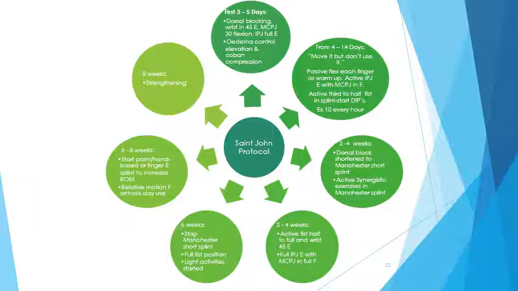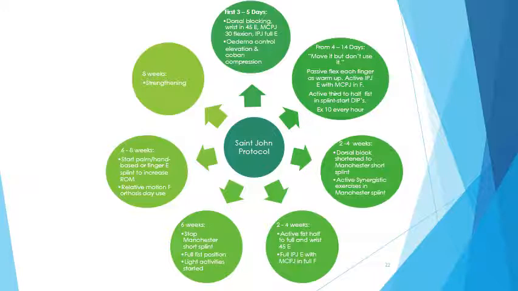You have to give clear advice when they start making their fist that it's only up to half, but start with a third, and they have to start by flexing their DIPJ so that they learn how to recruit the DIPJ flexion from an early stage. Repeat this 10 times every waking hour.